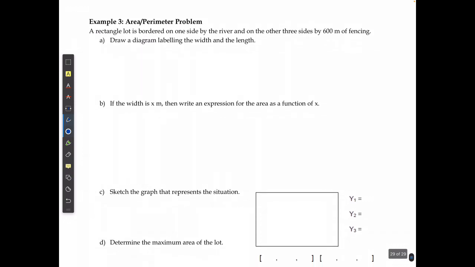The last problem is going to be another area perimeter problem. In this case, we're going to do a slight variation, which is pretty common. A rectangle lot is bordered on one side by a river and on the other 3 sides by 600 meters of fencing. If I'm drawing a diagram labeling the width and the length, the first thing I'm going to do is I'm going to draw my river.